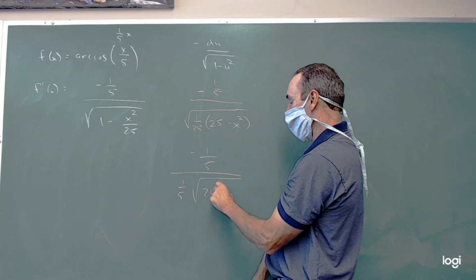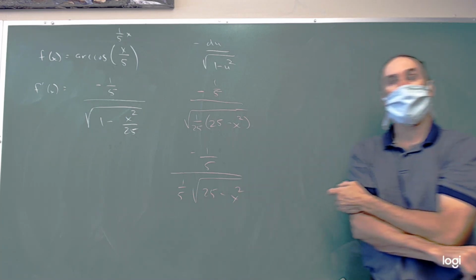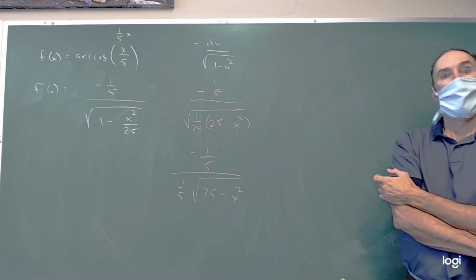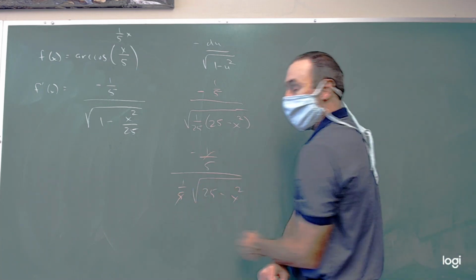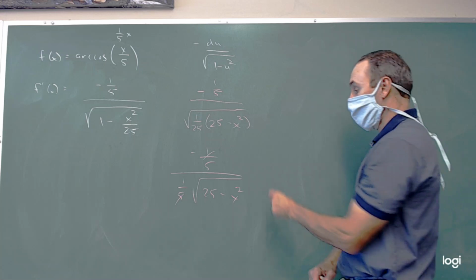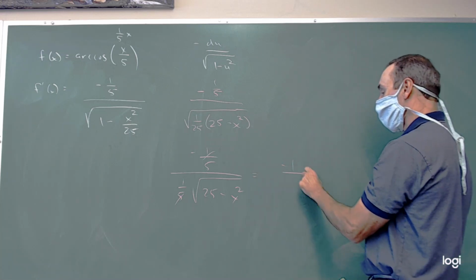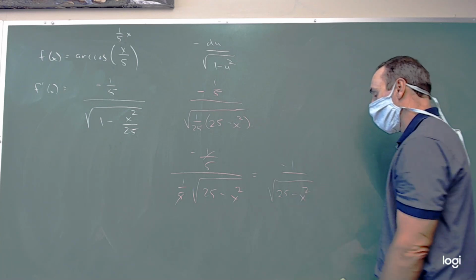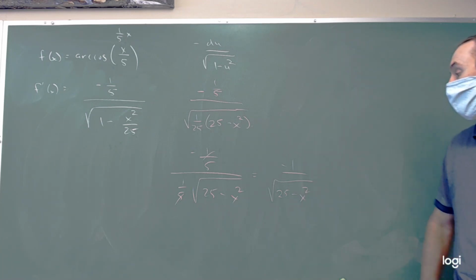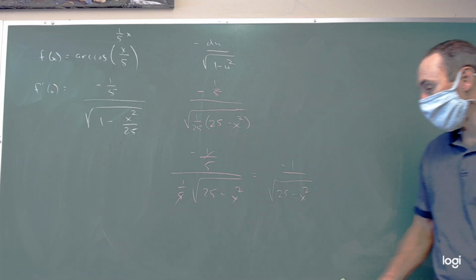And the 25 minus x squared is staying inside. With me? Now, we can cancel those. And so at the end of the day, what we're trying to get to is negative 1 over the square root of 25 minus x squared.